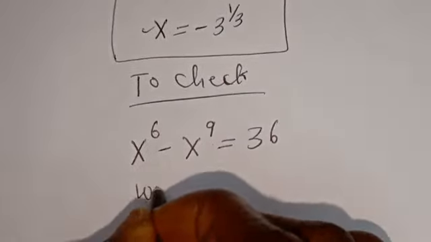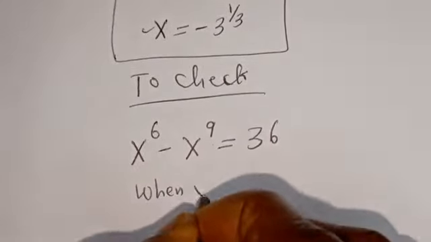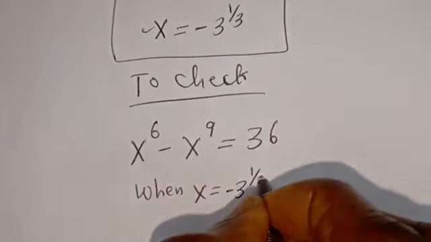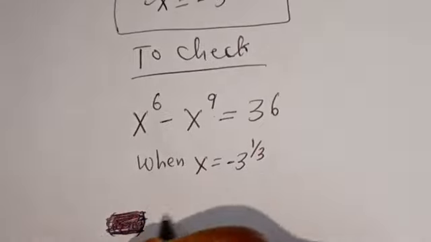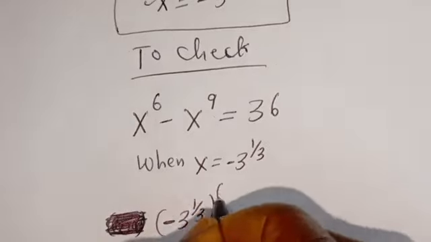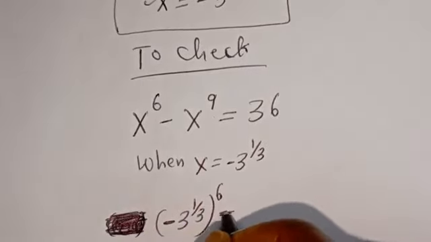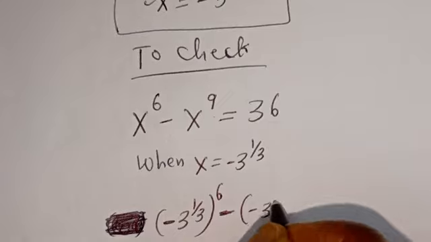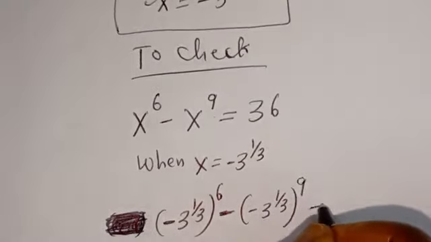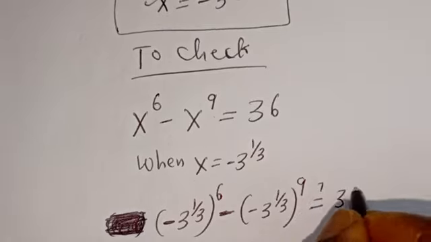When s is equal to minus 3 to the power of 1 over 3, then we have minus 3 to the power of 1 over 3, to the power of 6, minus bracket minus 3 to the power of 1 over 3, to the power of 9, must be equal to 36.